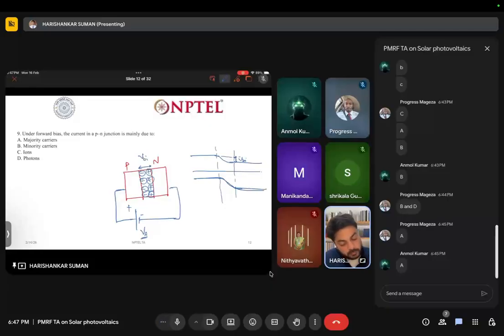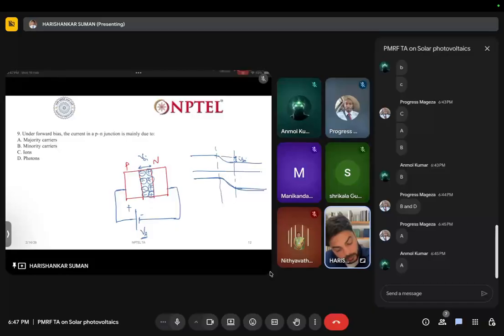What will happen when we connect the P terminal to positive, and this is N?